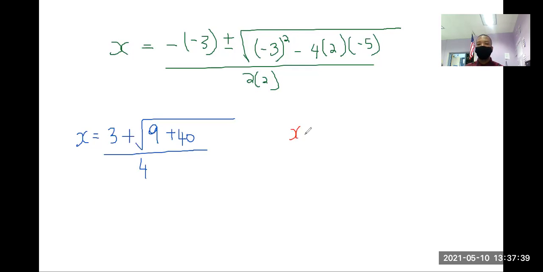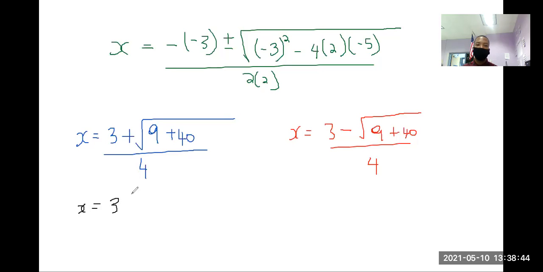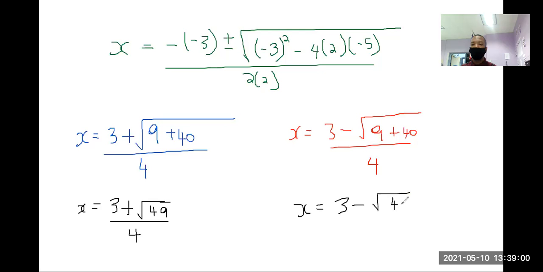So we're going to have x is equal to 3 minus the square root of 9 plus 40 over 4. So x is equal to 3 plus the square root of 49 divided by 4. And then x is equal to 3 minus the square root of 49 over 4.